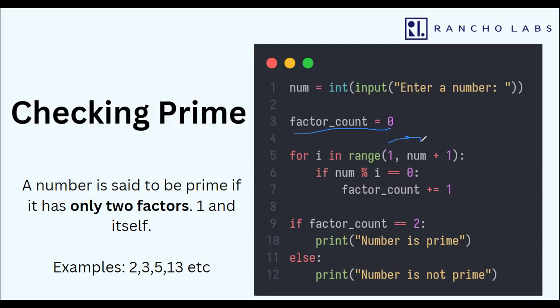So we check 1, 2, 3, 4, and 5 also. We write num plus 1 so that it checks up to the number. If a particular number divides it, the factor count will increase. Like this, we count the number of factors. Then if the number of factors is 2, it is a prime. If not, it is not a prime.